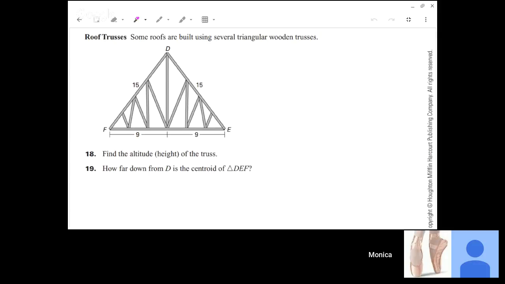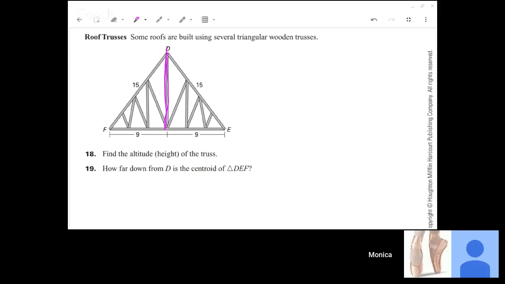Okay, guys, so if we look at 18 and 19, for 18, the question wants to know what the height of that truss is. So the height is here, right? It's this length.